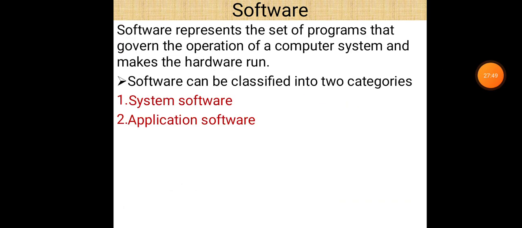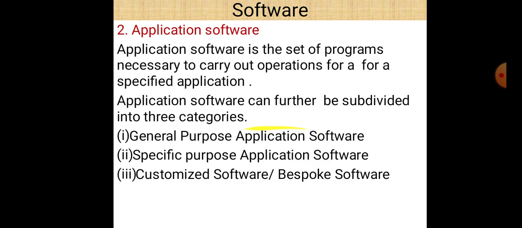Now let us take a quick revision of all the types of software. Software can be divided into two basic categories: system software and application software. System software is designed for a computer system, and application software is designed for different applications used by a user.